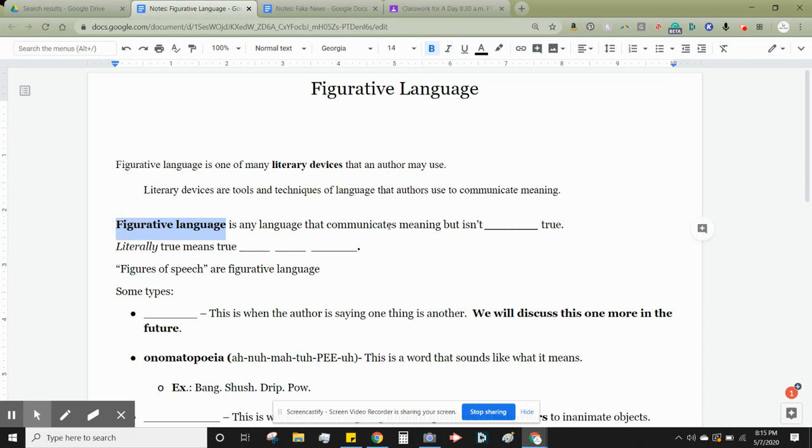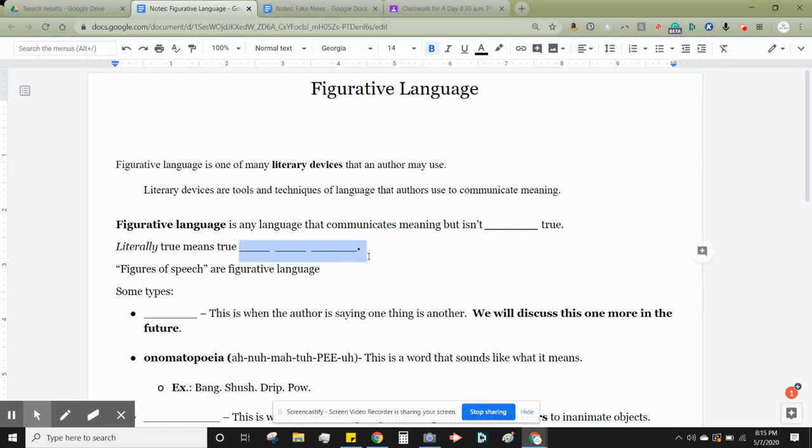The definition of figurative language I'm going to give you is it's any language that does communicate meaning, so you hear it and you understand it, but it's not literally true. It's not literally true. And if you're wondering what literally true means, true word for word.